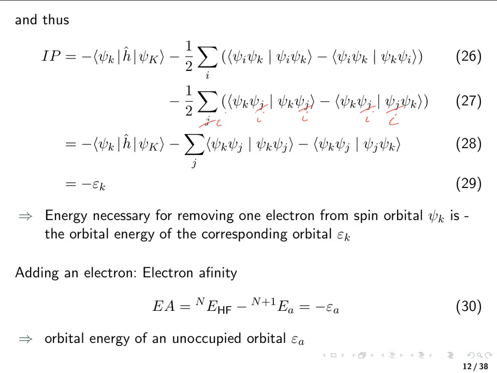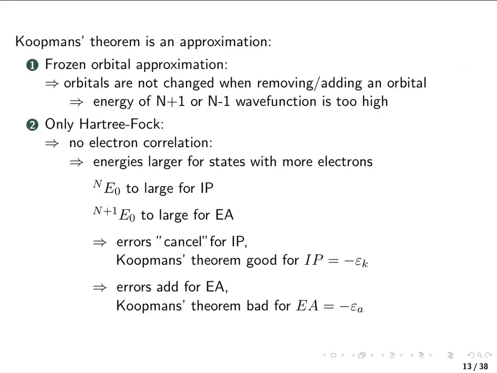In the same way as before, we are going to add one electron to one of the virtual orbitals, virtual orbital A. And if we would do the same calculation as before, we would find out that in this Hartree Fock based approach, the electron affinity is just minus the orbital energy of the virtual orbital A. And that's also called Koopmans' theorem.